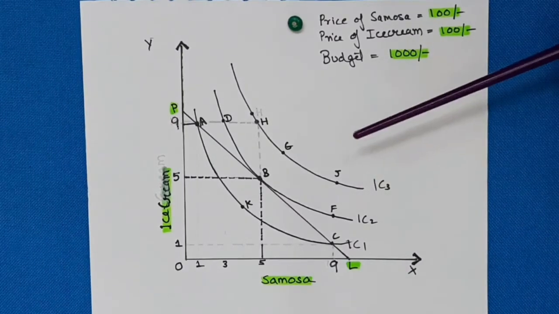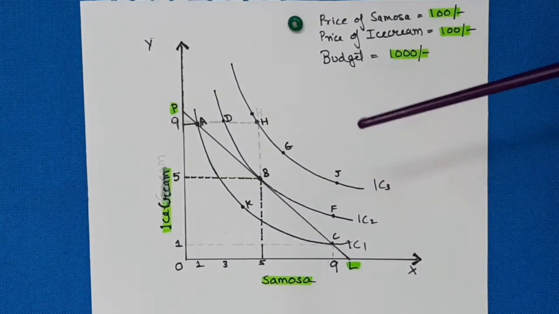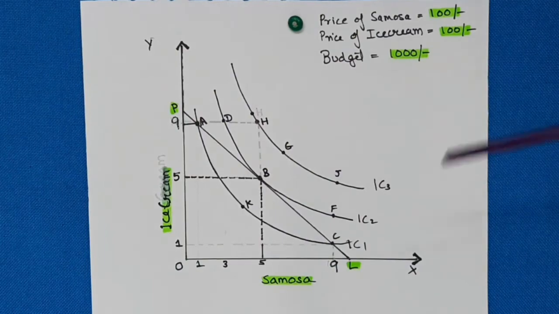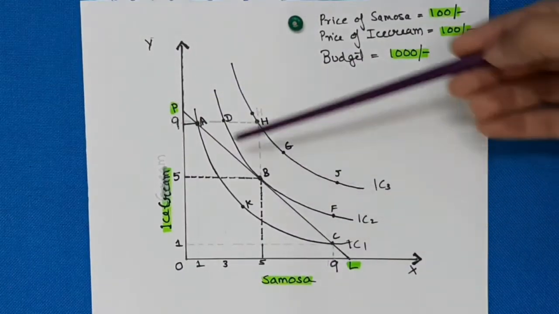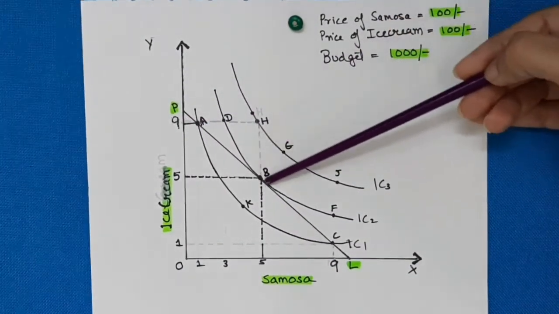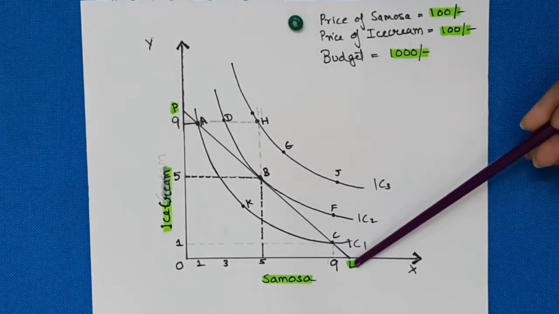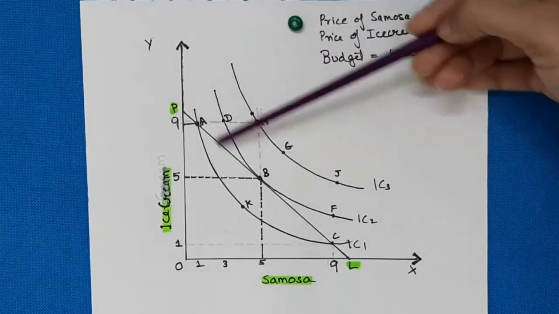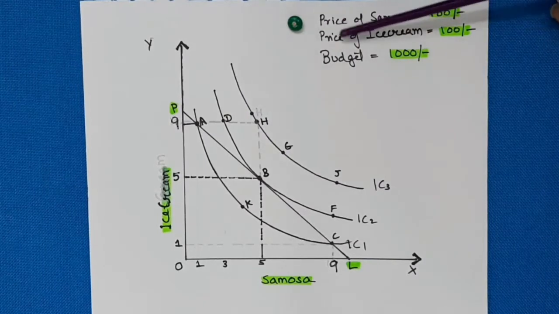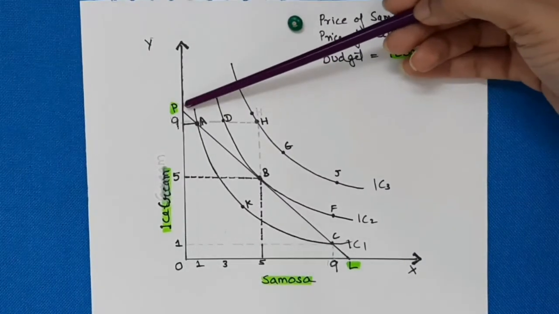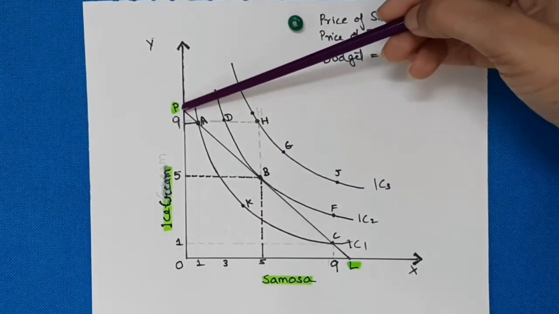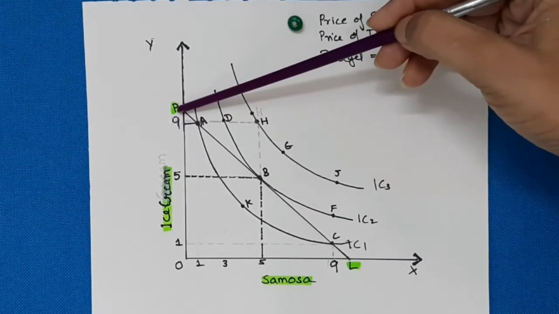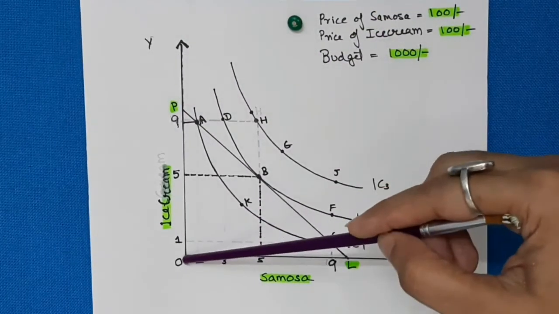Now you can see one technical fact of this budget line is that all the points on this budget line will be equal to 1000 rupees. I have drawn this budget line taking into consideration the price of samosas and the price of ice creams. At P, 10 units of ice cream can be bought with 1000 rupees when zero samosa is bought.